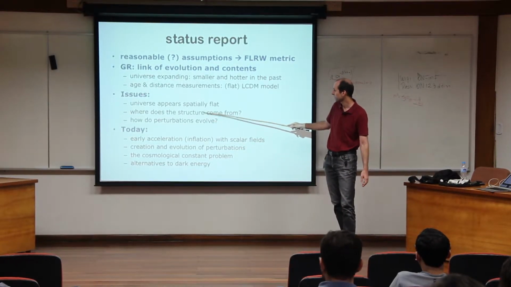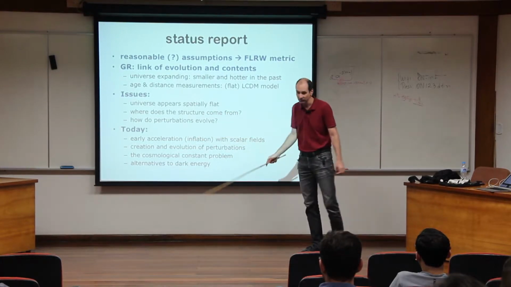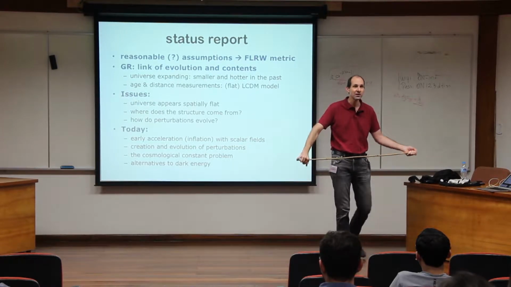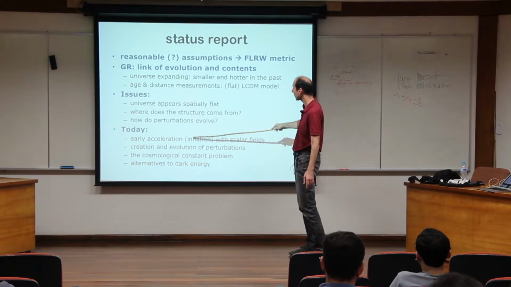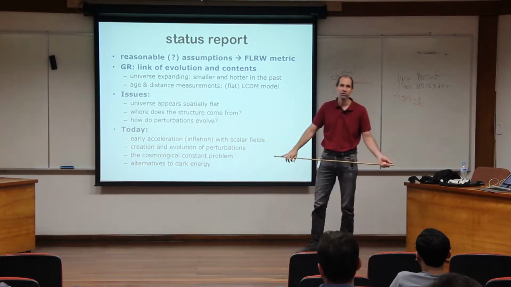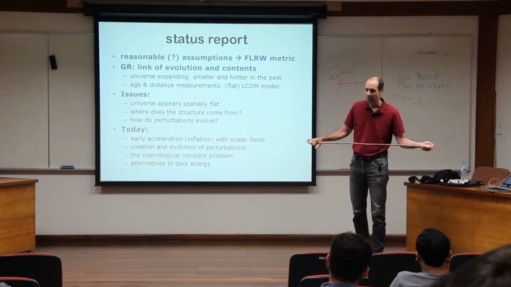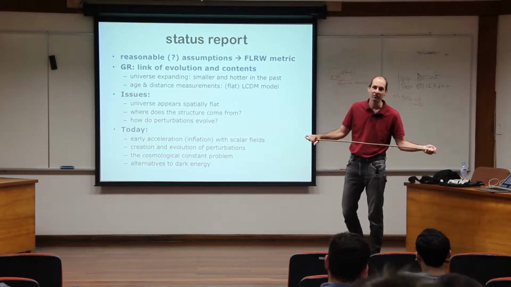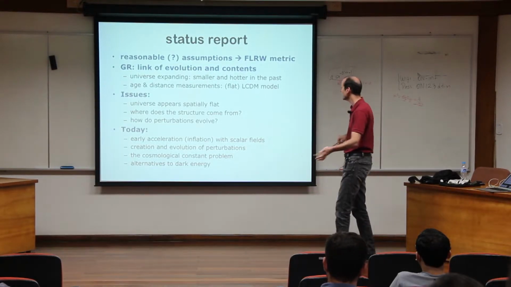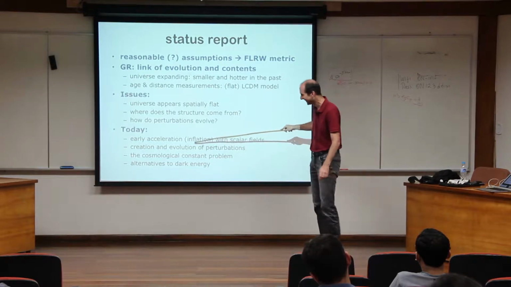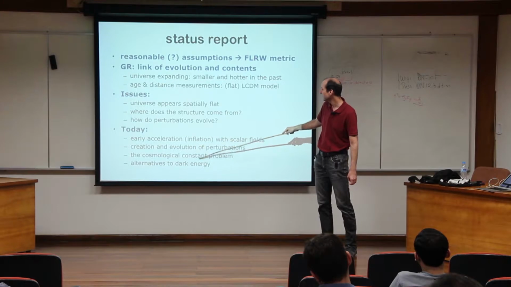This is about perturbations, and so I will start to talk about inflation. Even though this is not really the topic of the lecture itself, it is not lost time, because inflation you can think of as an early acceleration. The tools that we need for inflation are exactly the same tools that we will use later for dark energy. So bear with me, but still it's good to know about it.